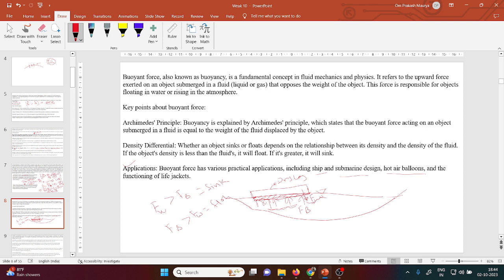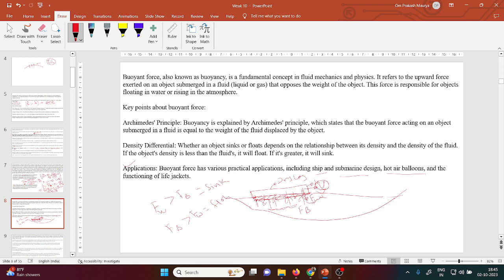You can assume this is the ship. If the ship is moving with a velocity v, the weight is still in the downward direction, and this is the buoyant force. In case of moving, maybe some other force should be included, as per my basic knowledge.